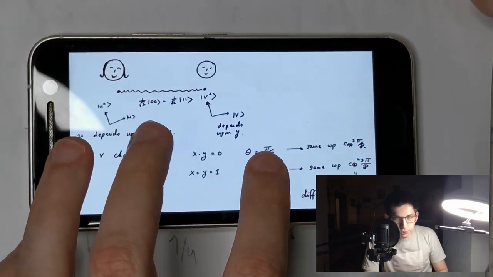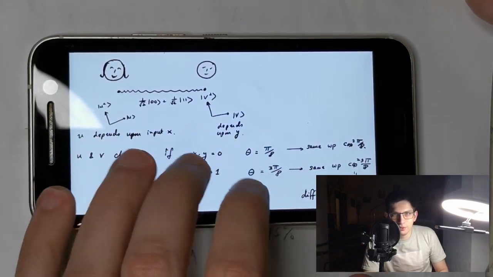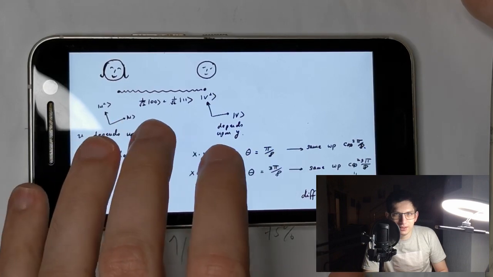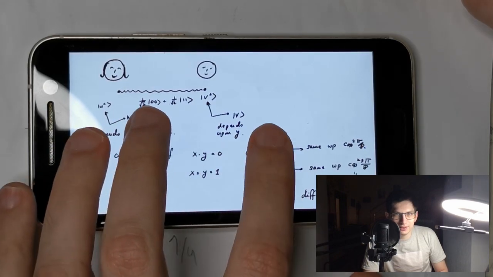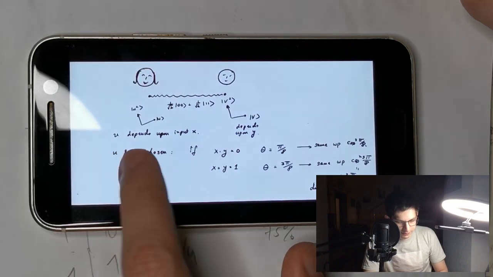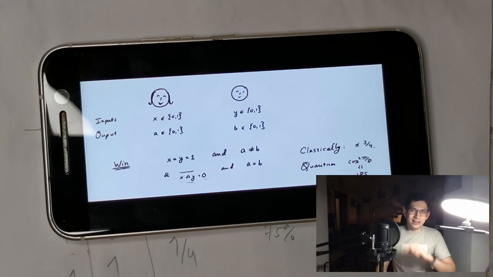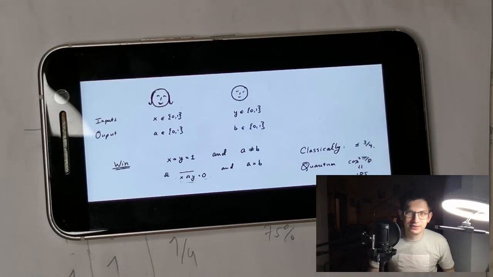You can prove that in that case you maximize the probability when theta is π over 8. So I think that's probably the simplest case you could have with entanglement.